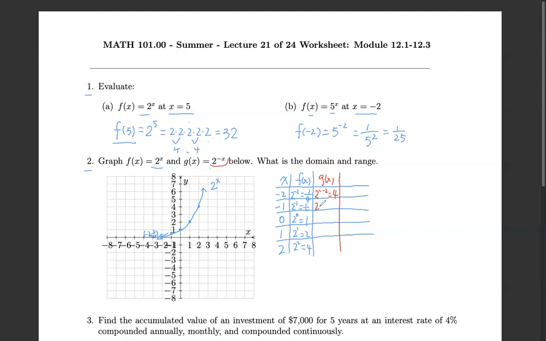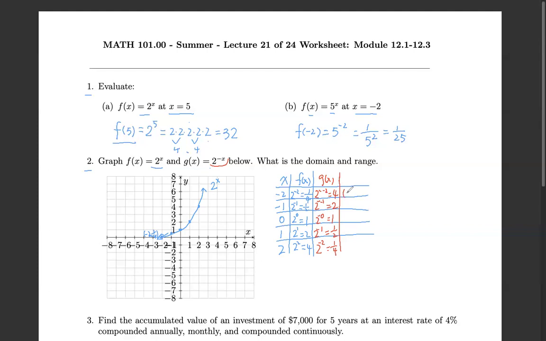Then here we have 2 raised to negative 1. That becomes 2 raised to 1, which is 2. Then 2 to the negative 0 is still 2 to the 0, which is 1. Then 2 to the negative x, where the x value is 1, is a half. Then 2 raised to negative 2 is 1 over 2 squared, which is 1 over 4. So we get these points.